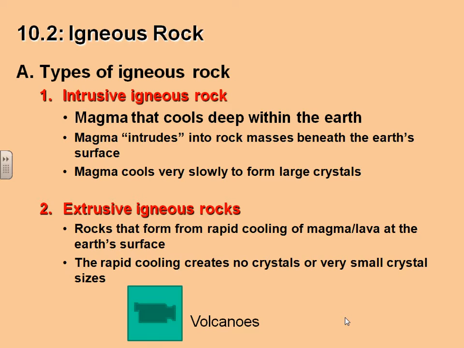It cools very slowly. And so we have large crystals forming. Why? Because they're able to grow and grow and grow, and they're not being shut off by being cold. So intrusive igneous rock: large crystals because it's cooling very slowly.